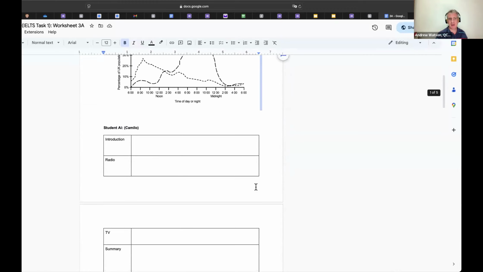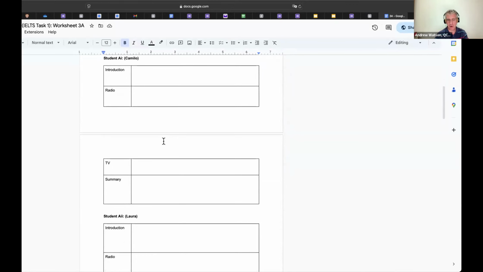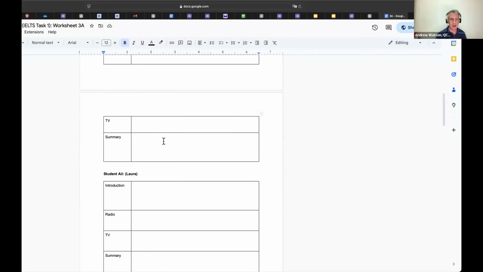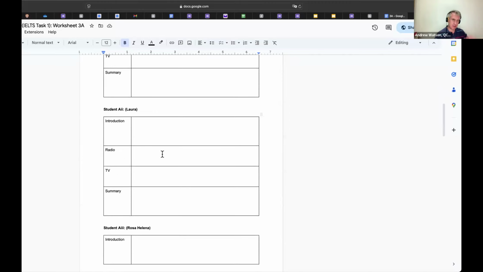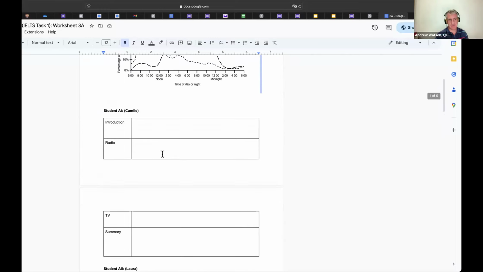So each part of the table indicates a paragraph. So we've got 3 paragraphs here, right? So that is group A.